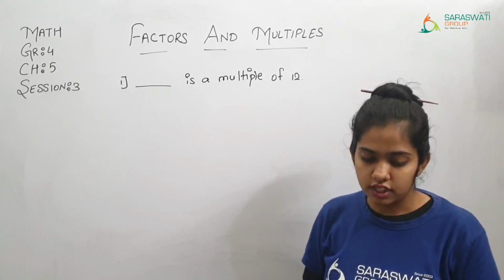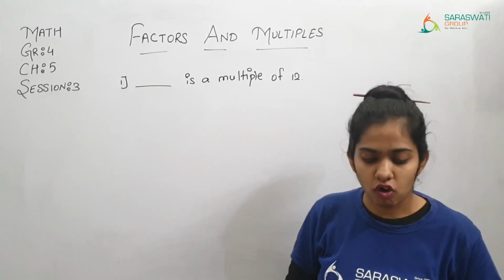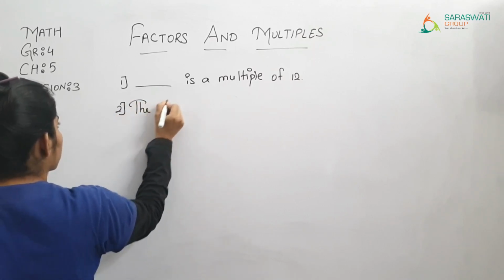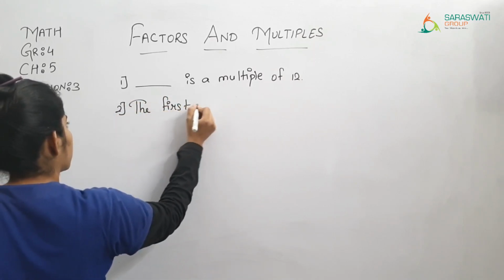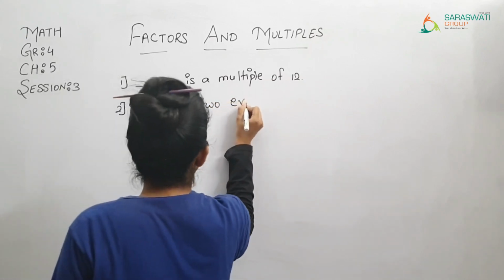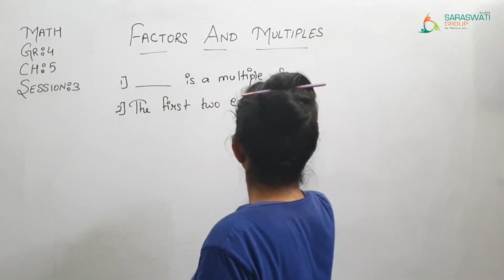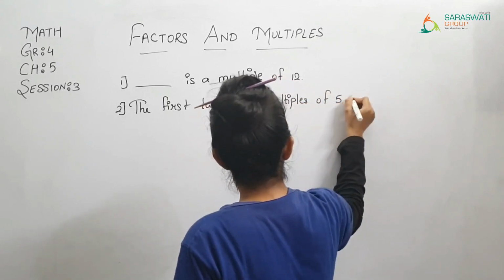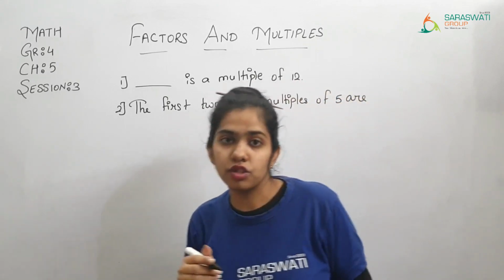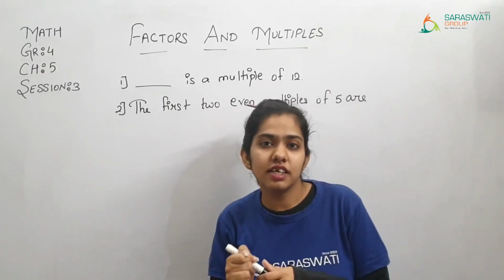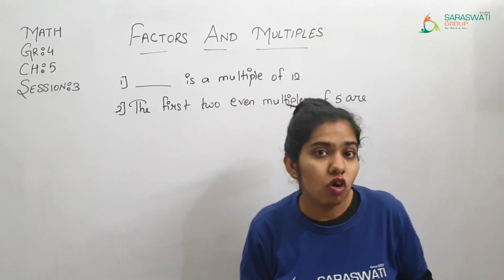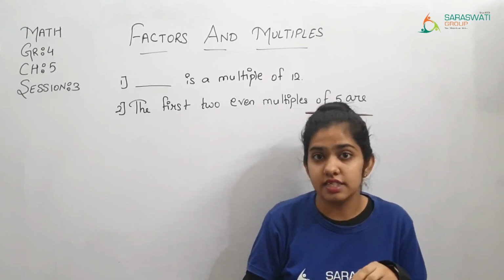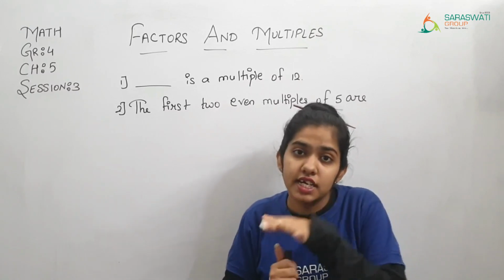Then afterward, the first 2 even multiples of 5 are... Okay, so what are the first 2 even multiples of 5? 5 1s are 5, so that is odd. 5 2s are 10. 10 is an even number. 5 3s are 15, which is again odd. 5 4s are 20.